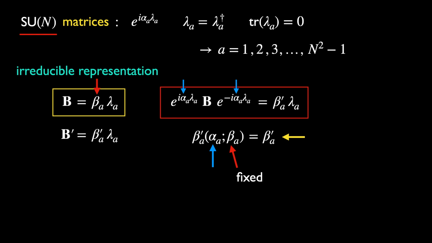This shows that, starting with any traceless Hermitian matrix, we can turn it into any other traceless Hermitian matrix by an SU(N) transformation. B is indeed an irreducible representation of SU(N).